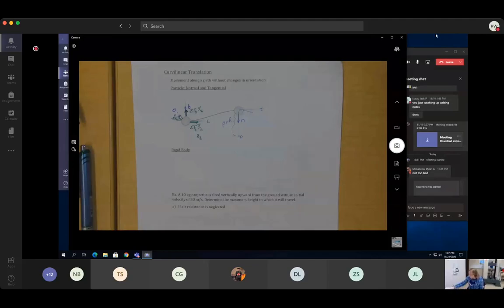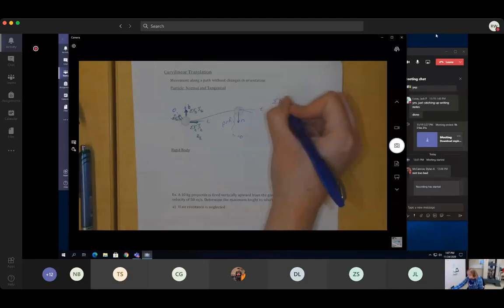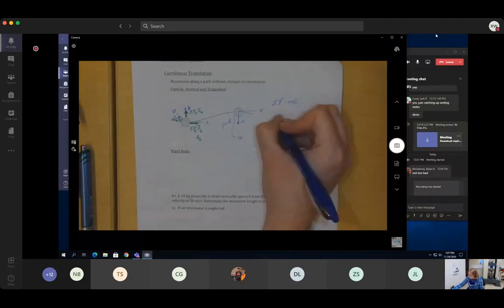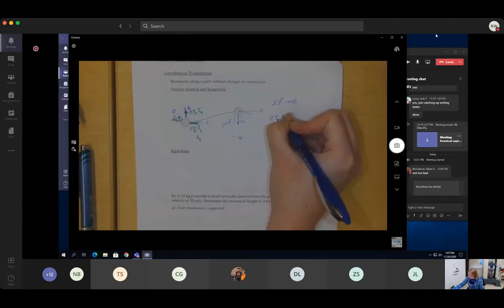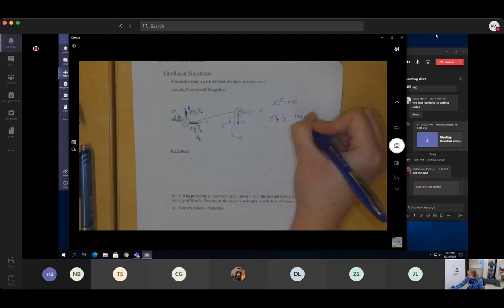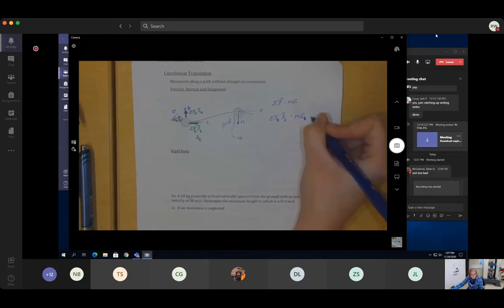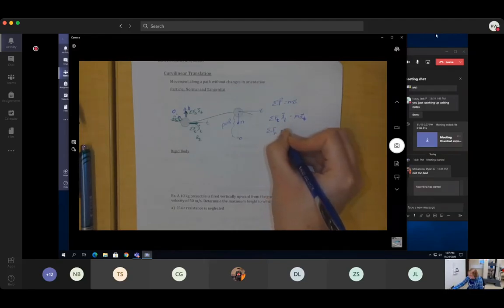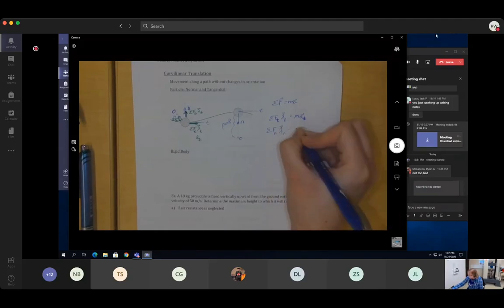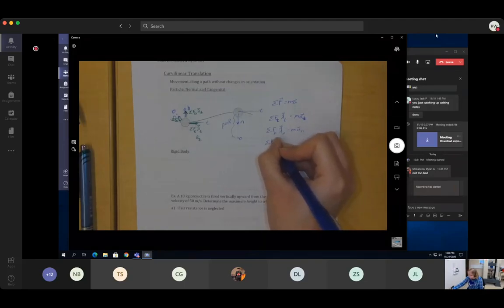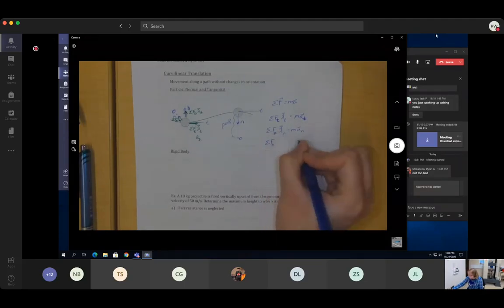And so here, if we sum our forces and set them equal to mass times acceleration, that means summing forces in the tangential direction will give us mass times acceleration in the tangential direction. Sum of forces in the normal direction gives mass times acceleration in the normal direction. And same thing with B.